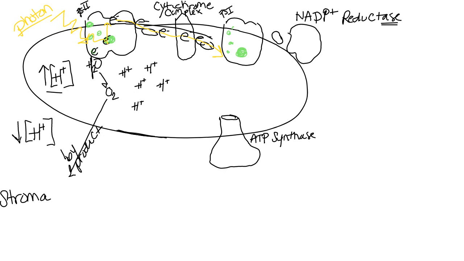That electron, as it passes through the cytochrome complex, provides the energy for the cytochrome complex to pump hydrogens against their concentration gradient. There are a few hydrogens out here, and they're pumped in against their concentration gradient because the electrons are going down the electron transport chain. The electrons power that pump.